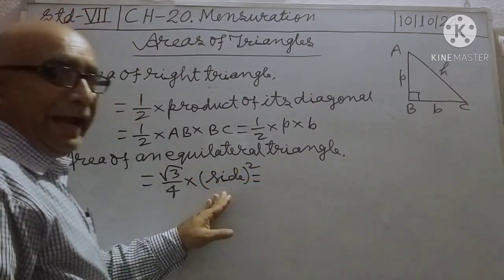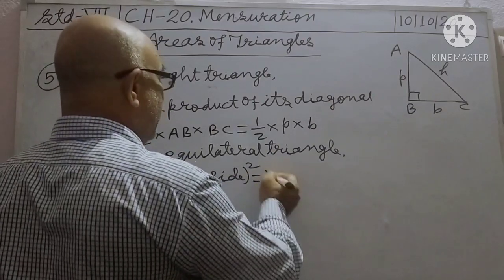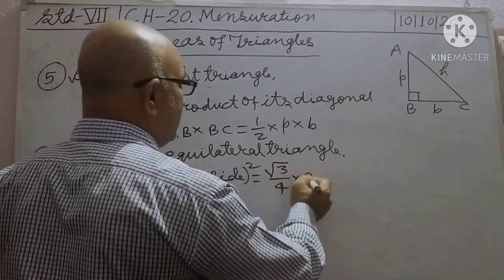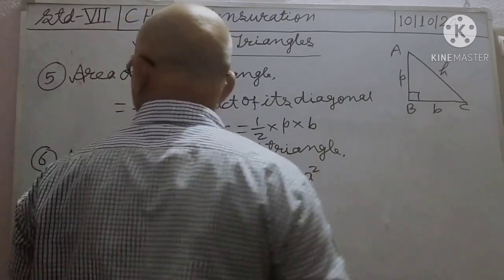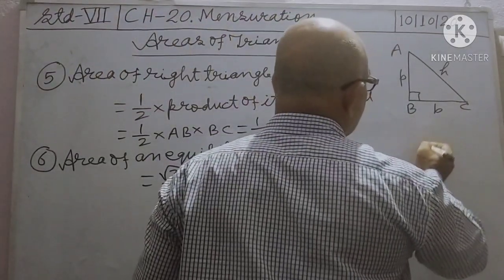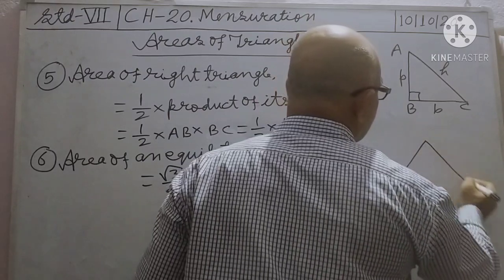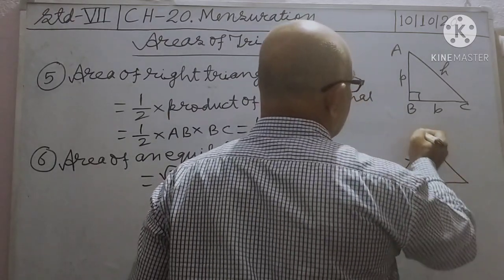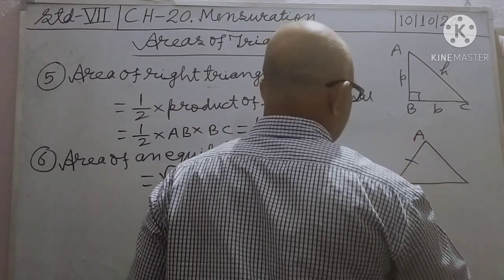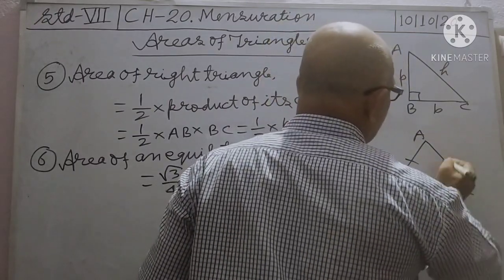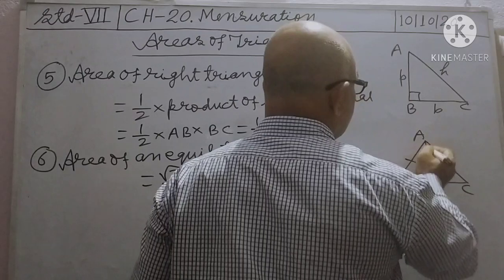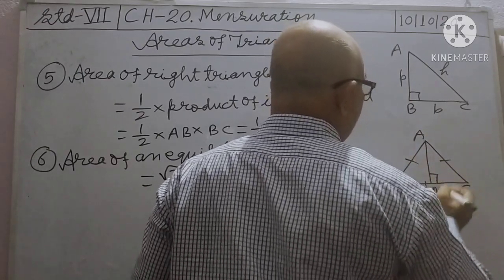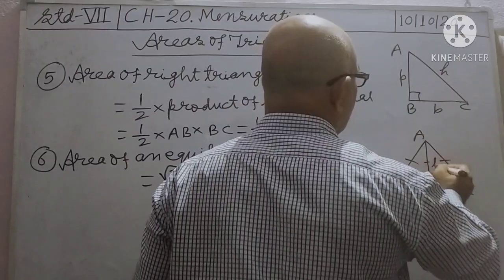If side is a small a, then root 3 by 4 into a square. Equilateral triangle, AB equal to BC equal to AC. Here perpendicular AM is denoted by H.